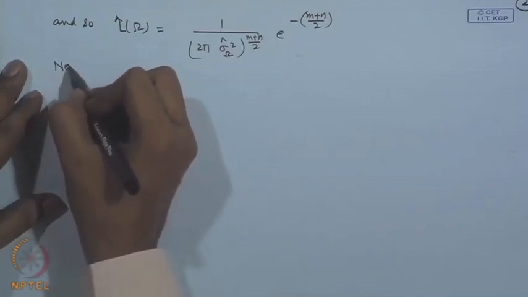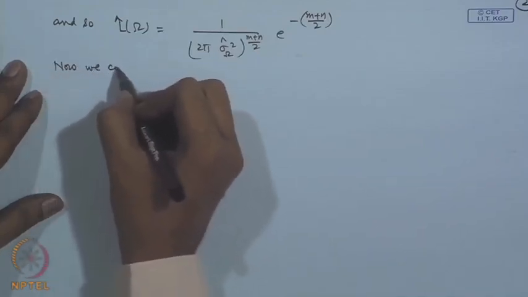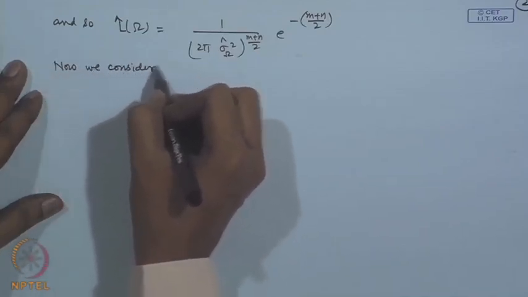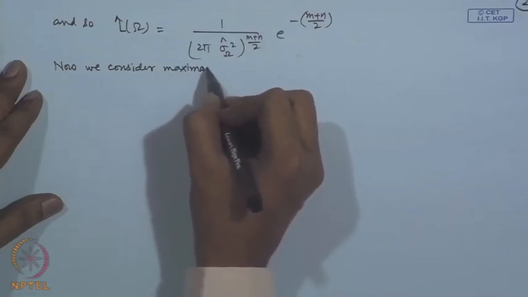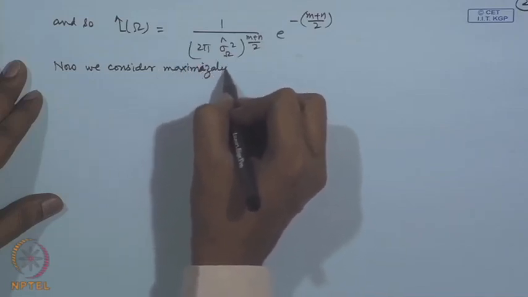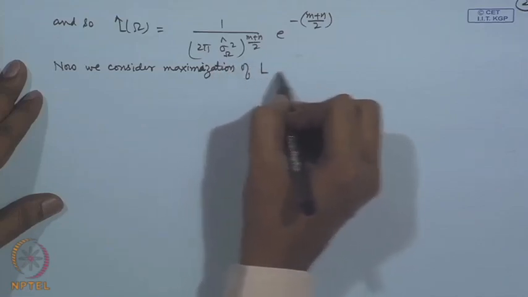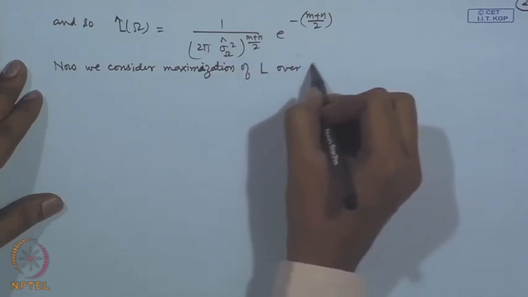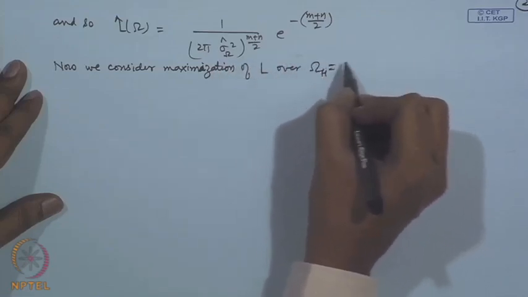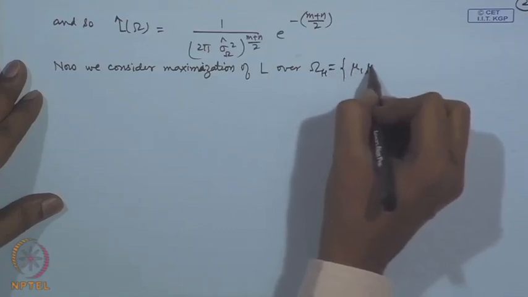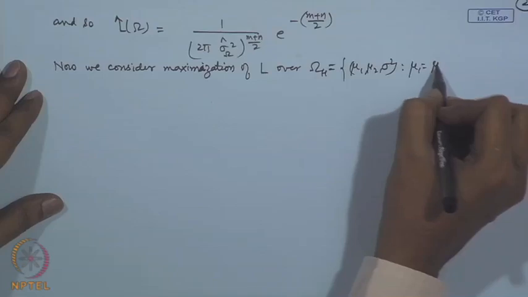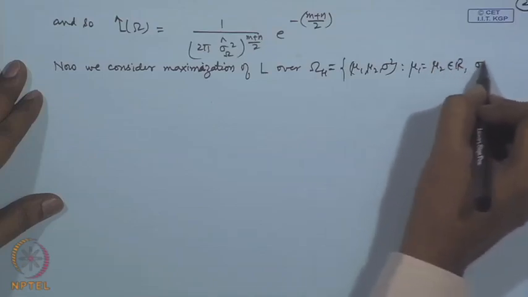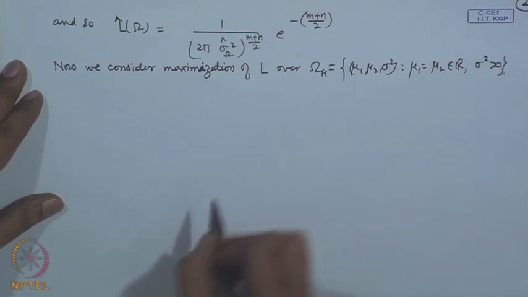Now, we consider maximization of L over omega naught, that is mu 1, mu 2, sigma square, where mu 1 is equal to mu 2 and sigma square is positive.